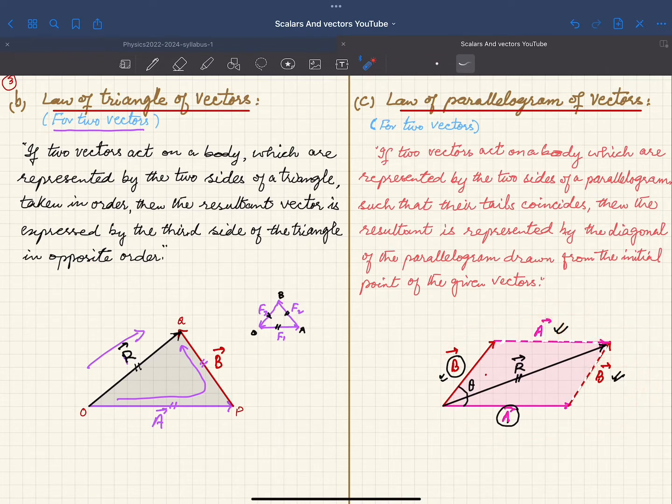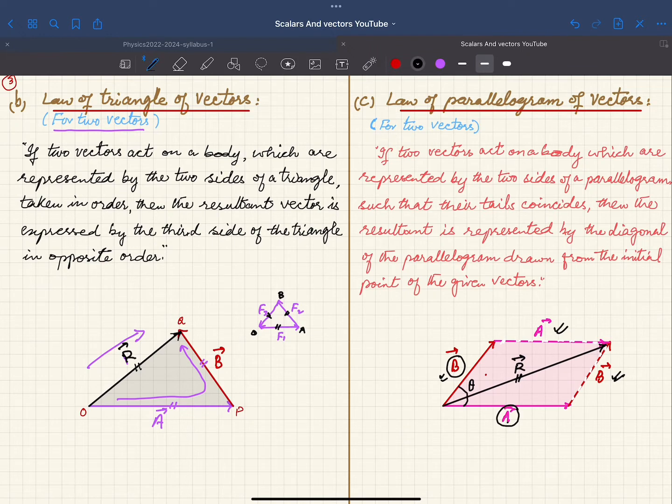And in this case, the diagonal of the parallelogram will be the resultant in such a way that the tail of the resultant coincides with the initial point of the given vectors. So this is the initial point.